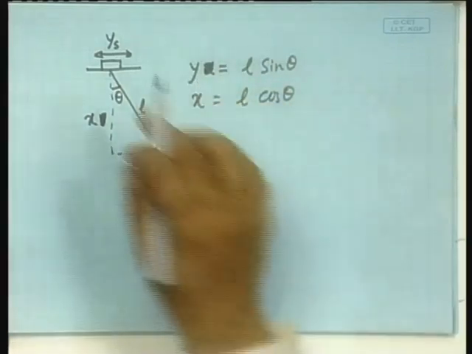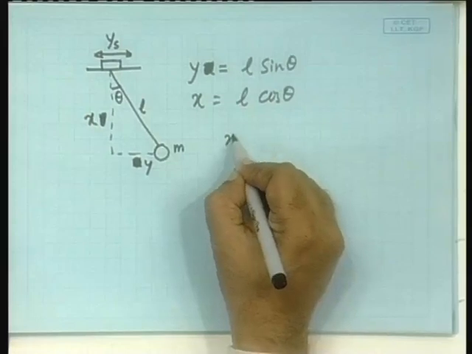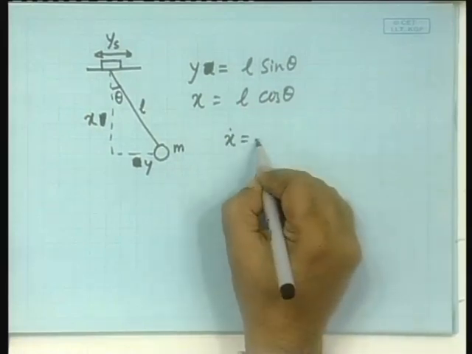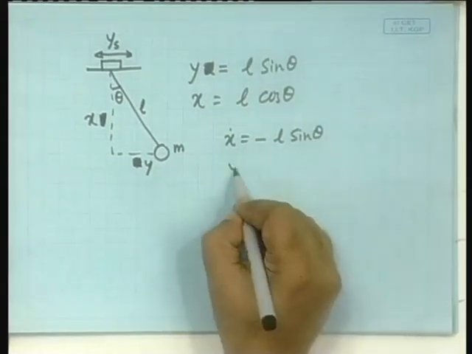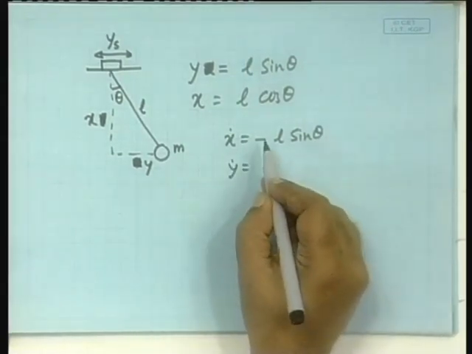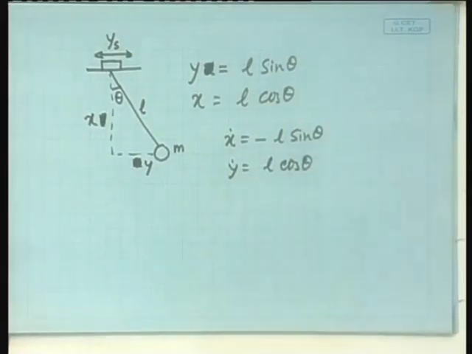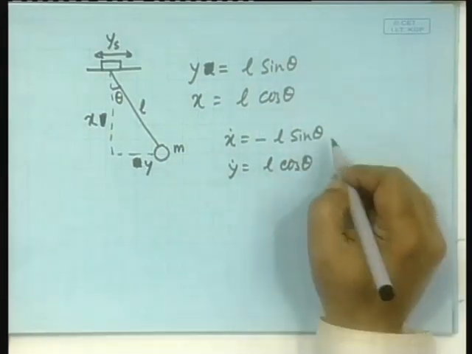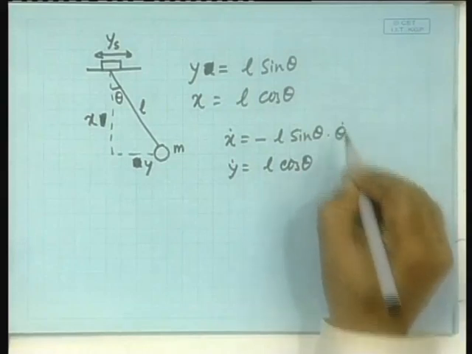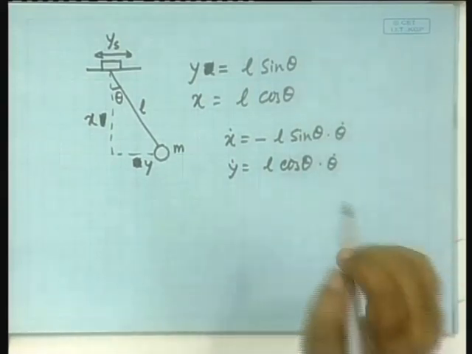If this fellow is not moving, then you can say your x dot is minus L sin theta and y dot is L cos theta, right? Sorry, into theta dot. Sorry.